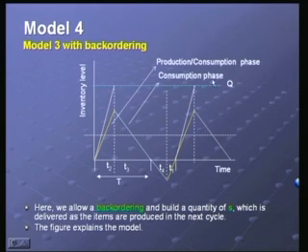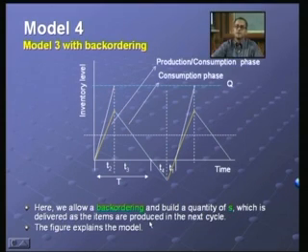So, we have a lot of parameters in this model. We allow a back ordering and build a back order quantity of S, which is delivered or given as items are produced and inventory is built up, and then inventory becomes 0 after the back orders are given, and then the cycle begins. So, this figure adequately represents this model.